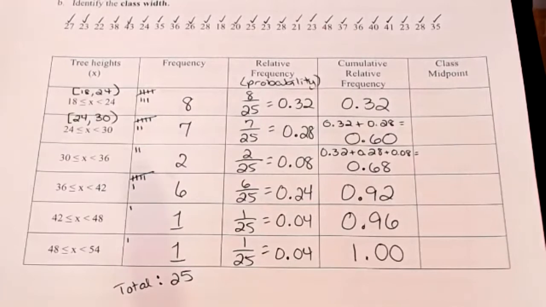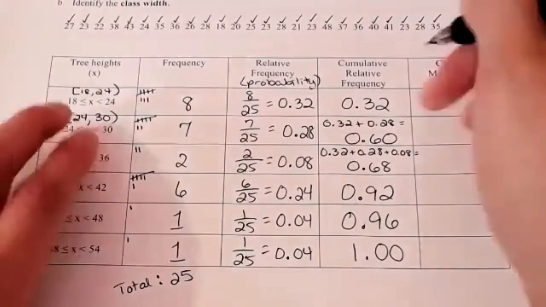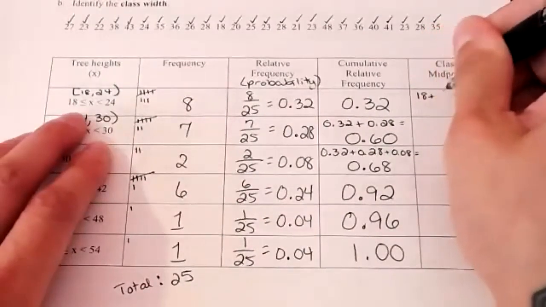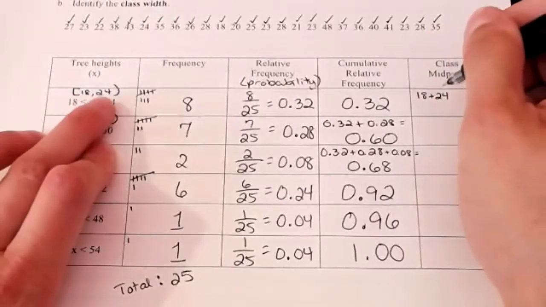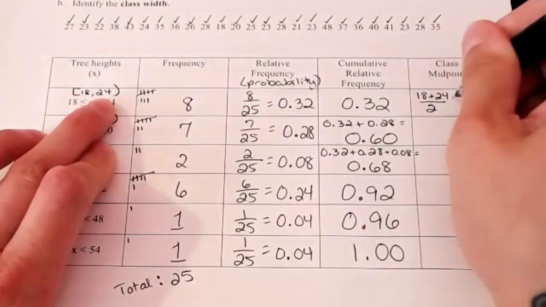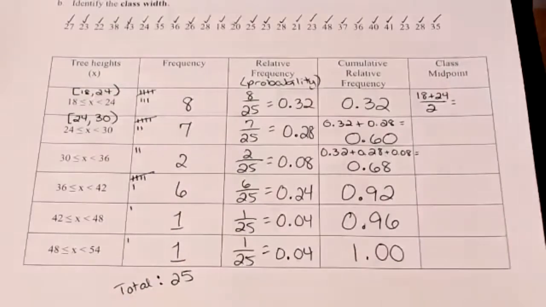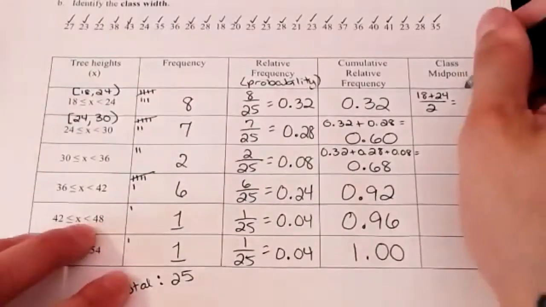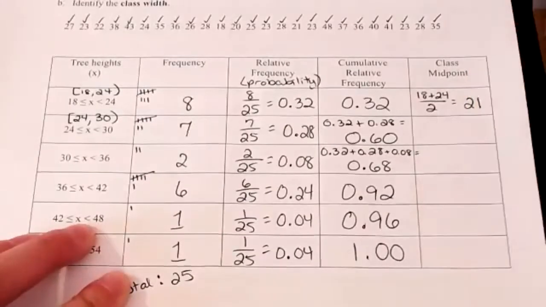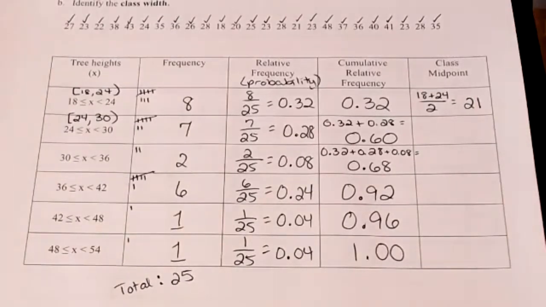I don't want you to overthink it. So you're going to take 18, add the 24, the lower limit and the upper limit, and divide by 2. So we have 18 plus 24, punch that in, it gives you 42, divide by 2, and we find that the class midpoint, the middle value, is 21.